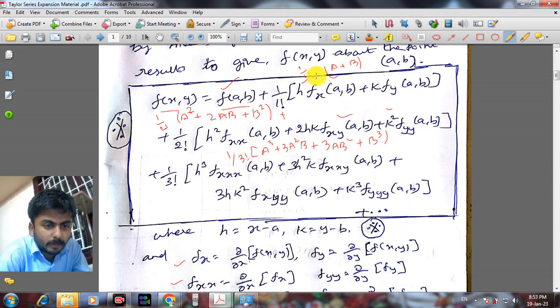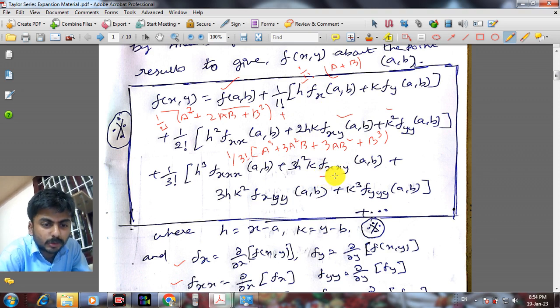So A cube means what is A? h fx a comma b. So A cube means h cube fxxx of a comma b. And 3A square B means A is 2 times and B is 1 time. So 3h square, since A is 2 times, fxx, and B is fy, so fxxy.